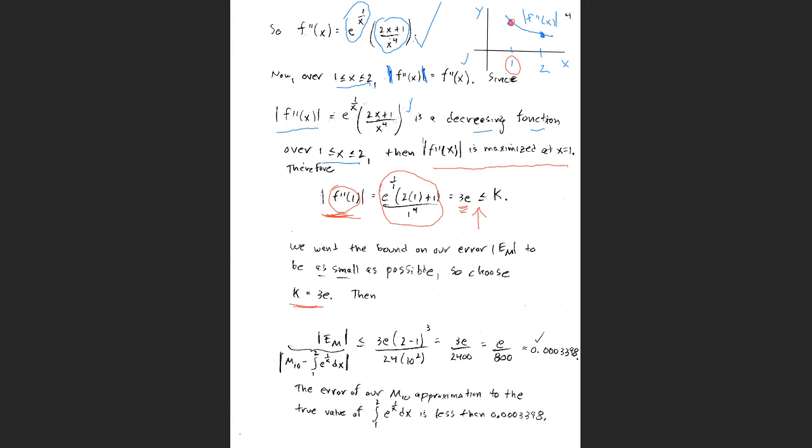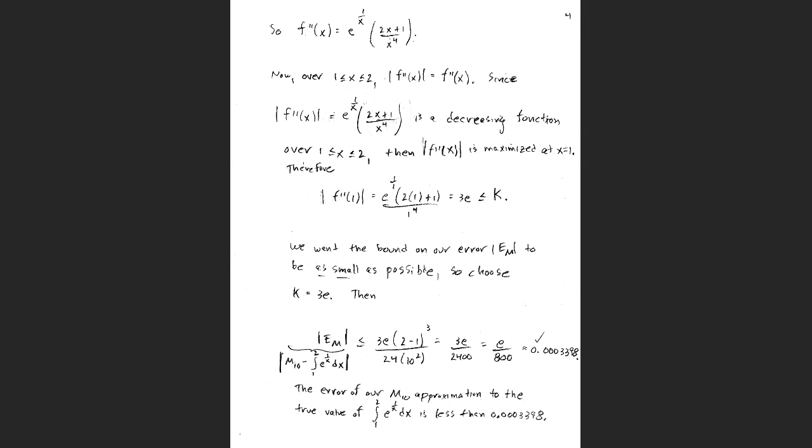Now again, the bound on my error using the midpoint rule approximation. I want to be careful. The bound on my error is now this, exactly that.